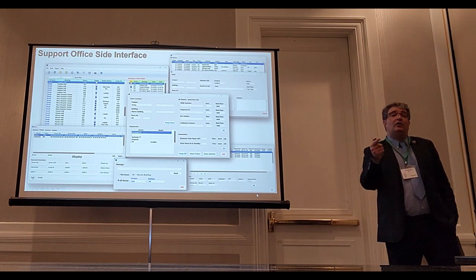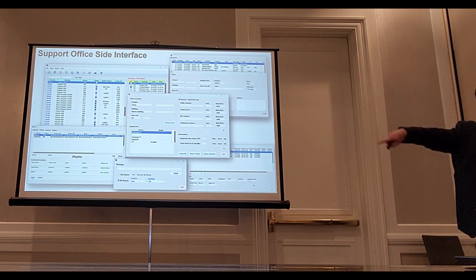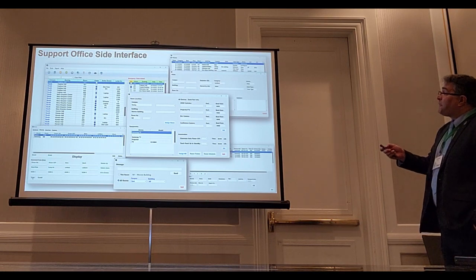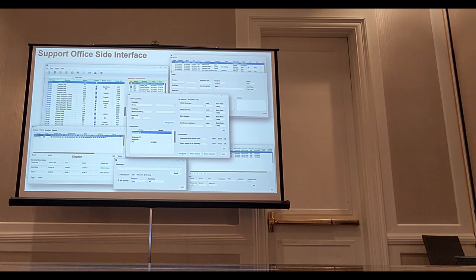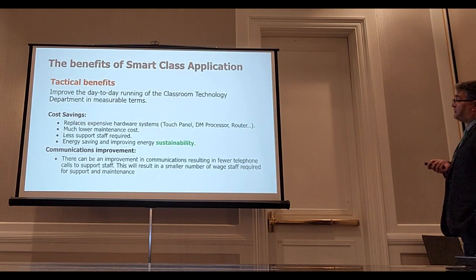So you are adding all the equipment coming to your system, you add it here, and they are all connected everywhere. So whatever you change, you can track it back later. So, sorry, this is the office side, and now let's go to the benefits.